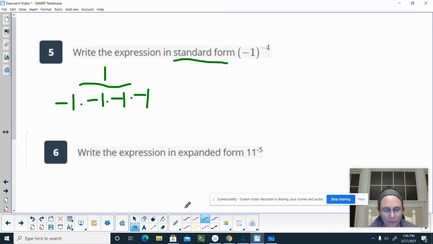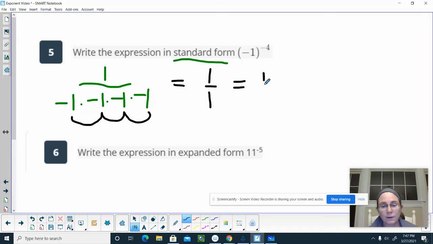Okay, so a negative 1 times a negative 1 is a positive 1. Times a negative 1 brings us back to negative 1. And then we have negative 1 times negative 1 equals positive 1. So this answer you can write as 1 over 1, or you can just write 1. They're both equivalent.